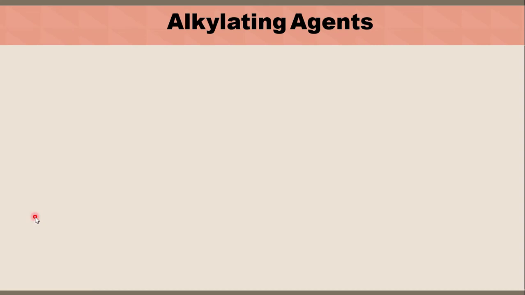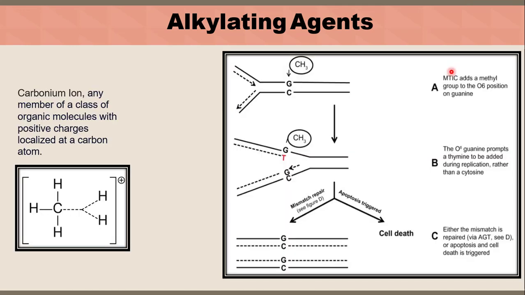In this slide, we're going to see what a carbonium ion looks like and how the active alkylating metabolite of temozolomide and dacarbazine, which is called MTIC, works to finally cause apoptosis. As you can see, a carbonium ion is any member of a class of organic molecules with positive charge localized at a carbon.